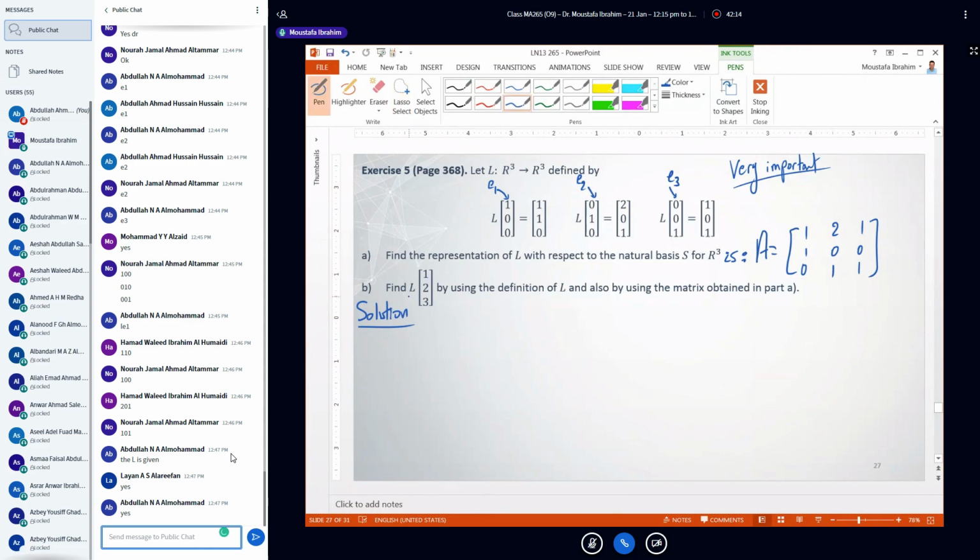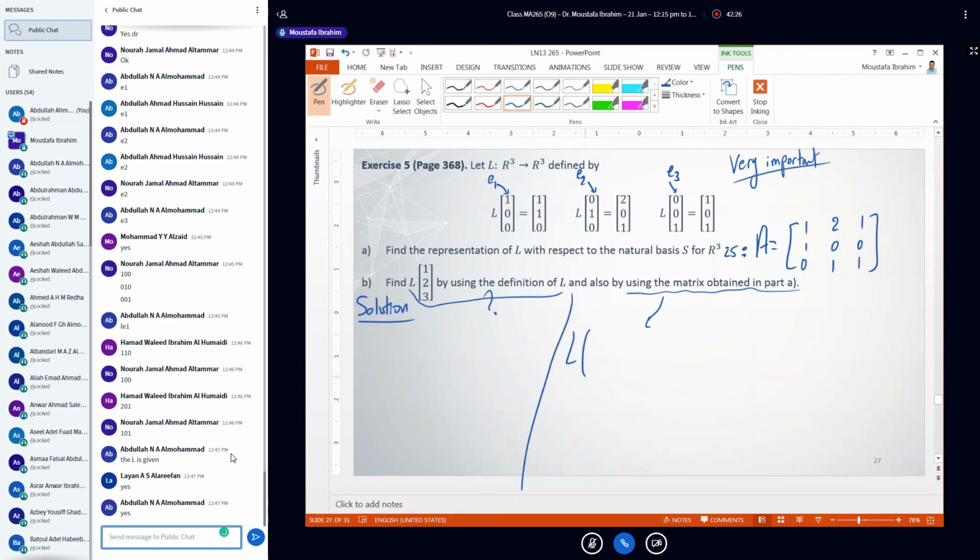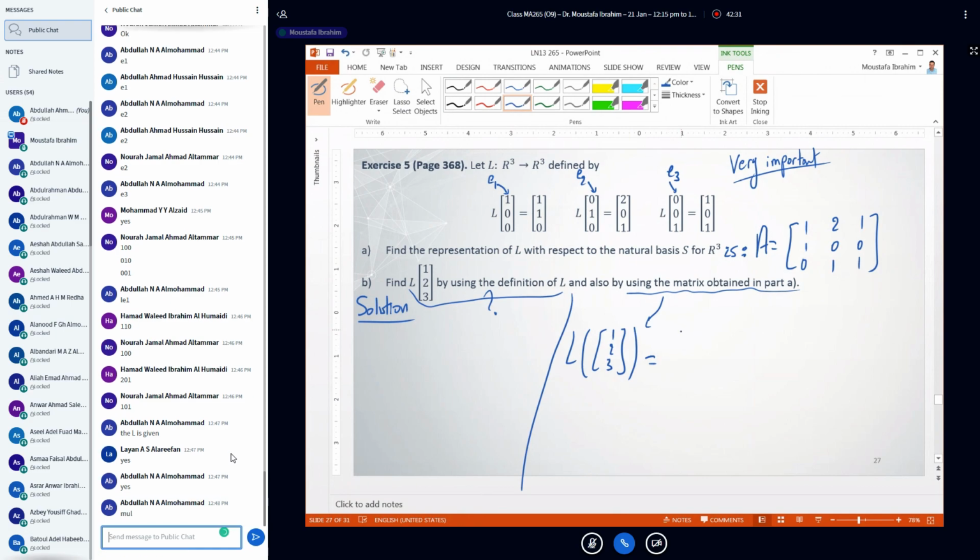Now I want to find L(1,2,3) using the definition. I don't have the definition. Do we have it? So we will see how to do it later. And using the matrix obtained in part A. How to find it using the matrix, guys? How to find L(1,2,3)? We multiply, very good. A multiplied by (1,2,3) means the matrix with rows 1 2 1, 1 0 0, 0 1 1 multiplied by 1 2 3. Row by column, row by column, row by column.